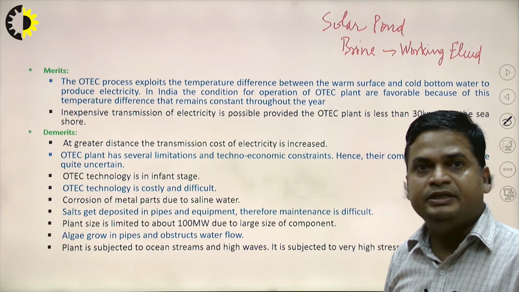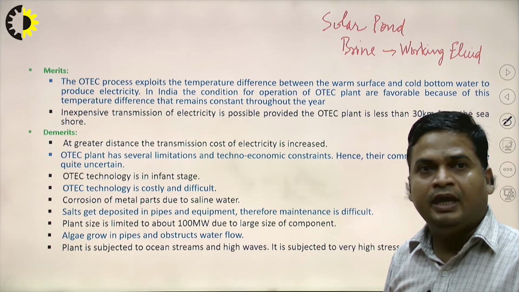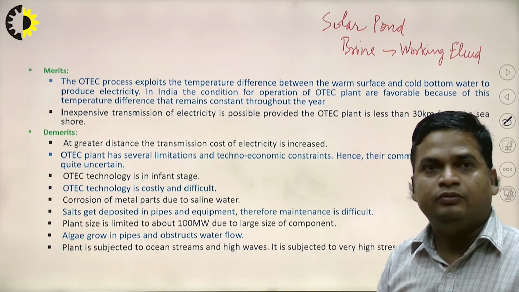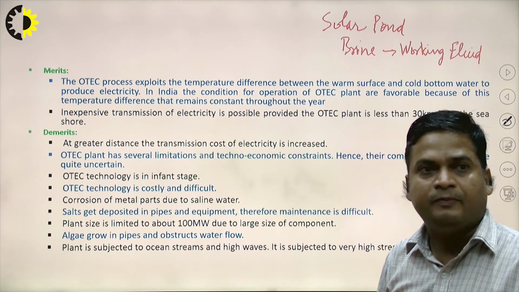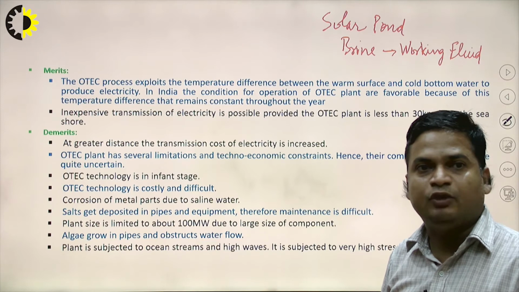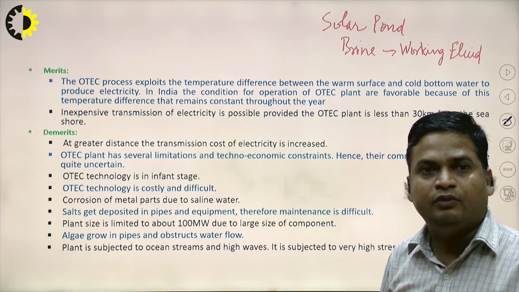That brine absorbs the solar energy of the solar radiation, and this energy is used to convert the liquid water into steam. But here the brine gets deposited in pipes and equipment, therefore maintenance is difficult. Plant size is limited to about 100 megawatt due to the large size of components.